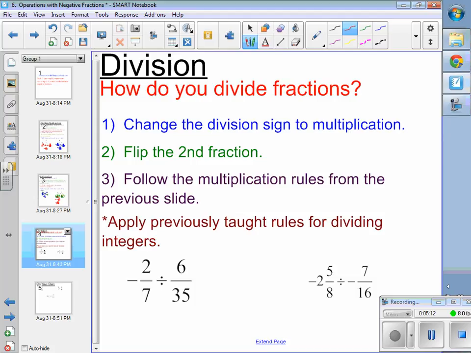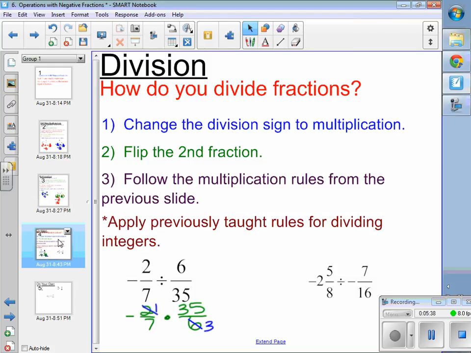So let's go ahead and do this one. We've got -2/7. We're going to change division to multiplication, and we're going to flip 35/6. Now, 2 and 6 both have a factor of 2 in them, so we divide those out.